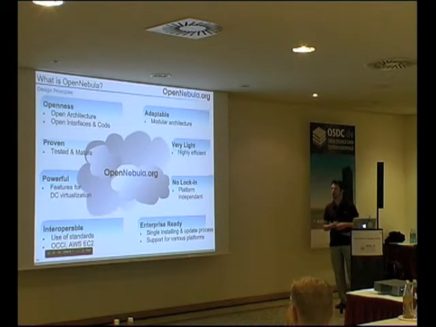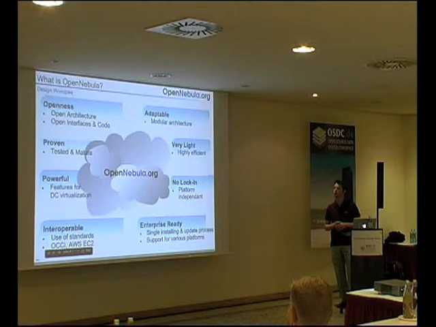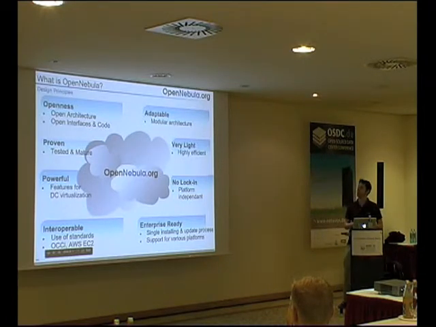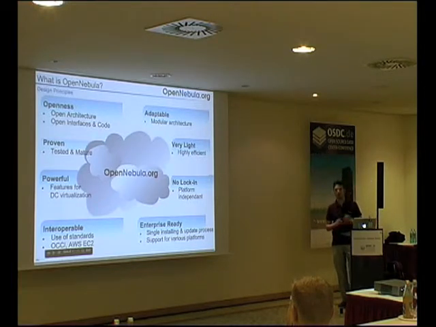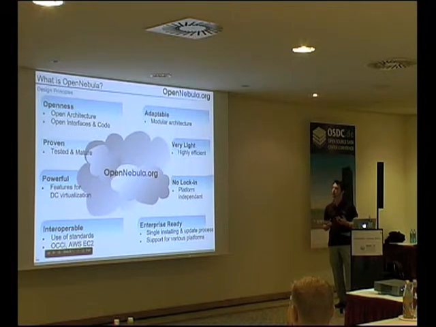It has lots of nice features for data center virtualization that we'll see in a while. So this kind of separates OpenNebula from the other cloud platforms that are more oriented to build Amazon-like clouds. So OpenNebula is just a tool for data center virtualization, more than a tool for making public clouds, although it can do them.